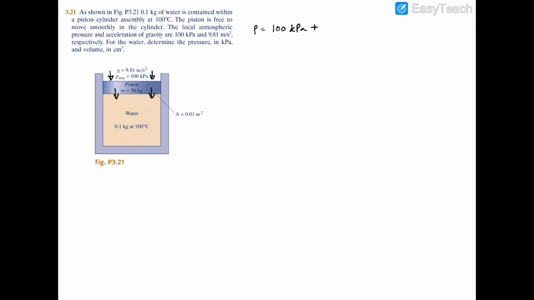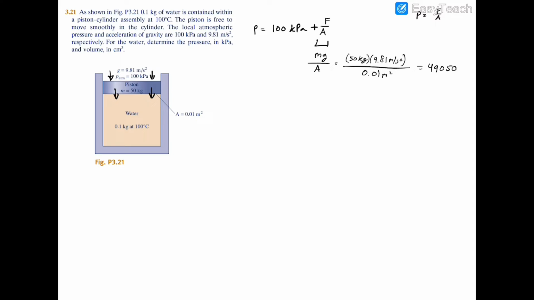And with what pressure? Well, if you recall, pressure equals force divided by area, so we can just add the force divided by area. The force is simply going to be the mass times acceleration, divided by the area which is given to us. So we plug in 50 kilograms times 9.81 meters per second squared, divided by 0.01 meters squared, and this gives us 49,050.